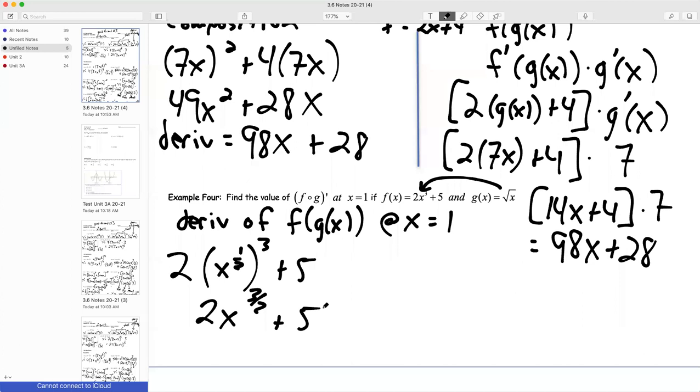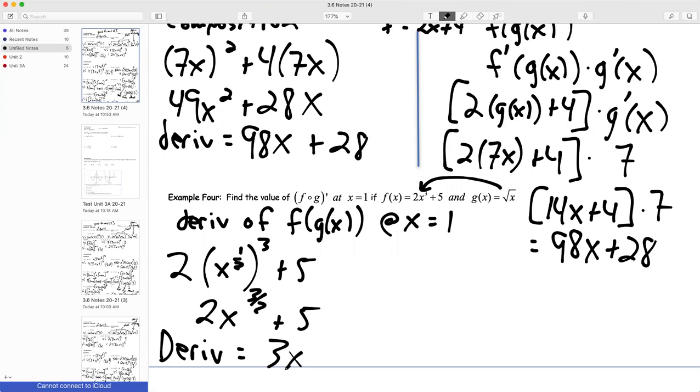So up until now, I've just simplified the composition. Now I need to take the derivative. Ooh, I'm having issues writing the derivative there. Try that again. So derivative of 2x to the 3/2. 3/2 times 2 gives me 3.